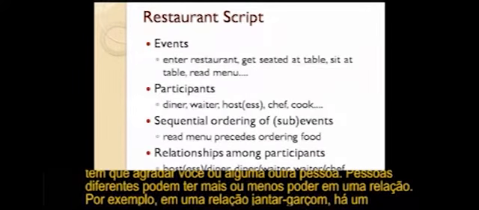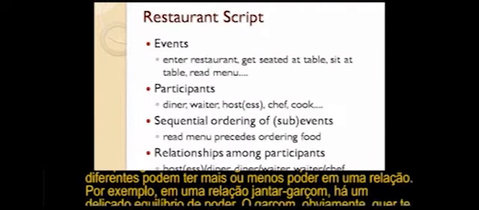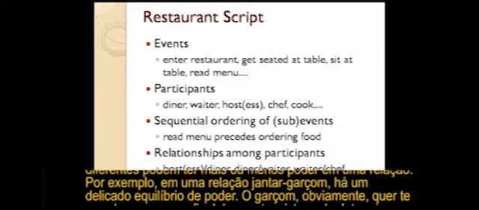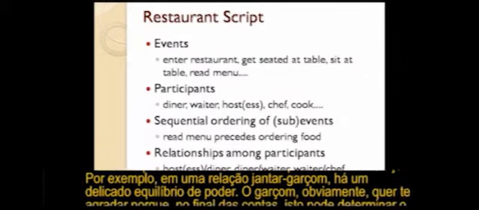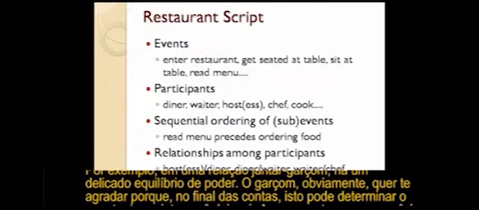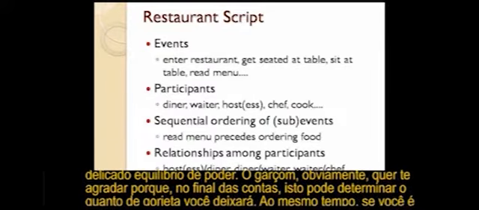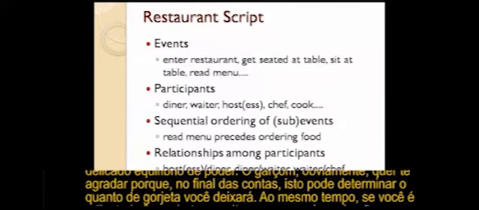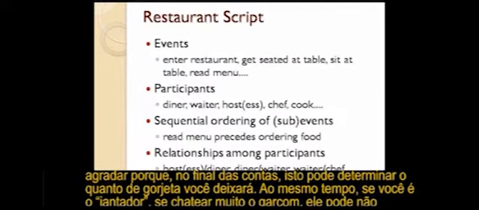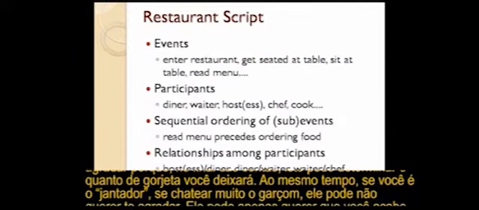So, for example, in the diner-waiter relationship, there's a delicate balance of power. The waiter obviously wants to please you, because after all, that may determine how much tip you leave. At the same time, if you as a diner become too annoying to the waiter, that waiter might not care about pleasing you.